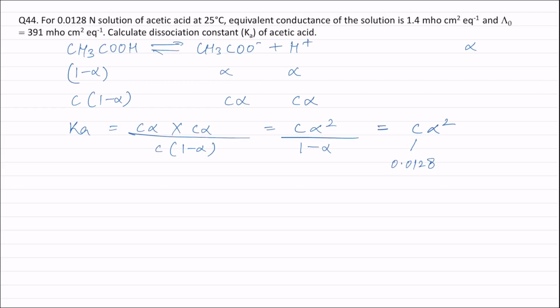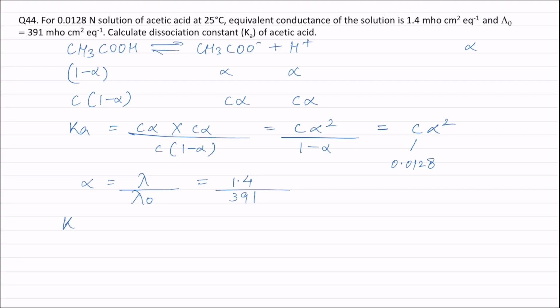The value of C is given as 0.0128 and the value of alpha will be equal to equivalent conductance at given dilution divided by limiting equivalent conductance or equivalent conductance at infinite dilution, and this is equal to 1.4 divided by 391.